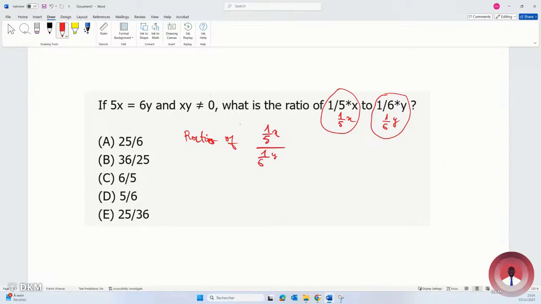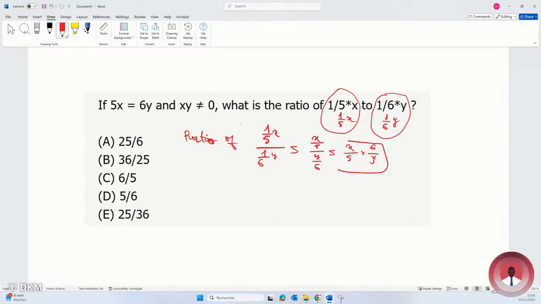Yeah, that's basically what it means. So this can be written as x over 5 divided by y over 6, which is equal to x over 5 multiplied by 6 over y.